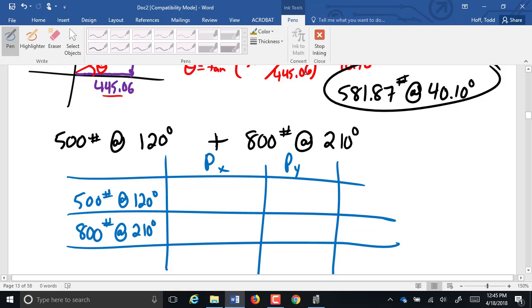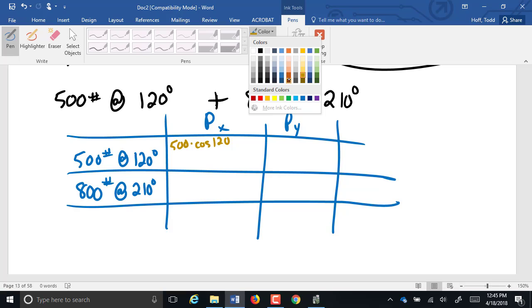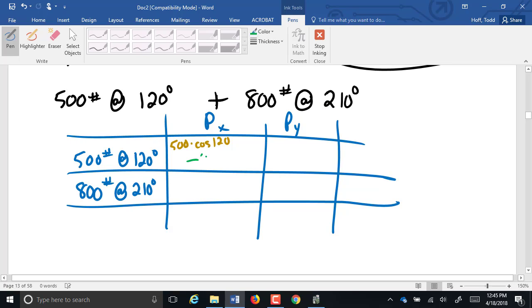Now I need to find my horizontal component for the first vector. For that first vector, 500 pounds at 120 degrees, the horizontal component is 500 times the cosine of 120, which will give us a negative 250 pounds.